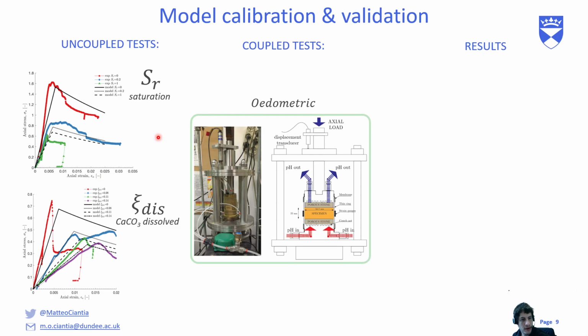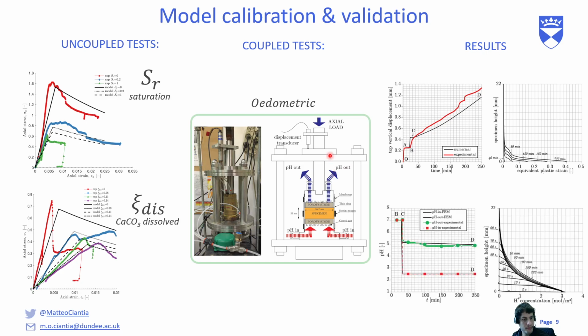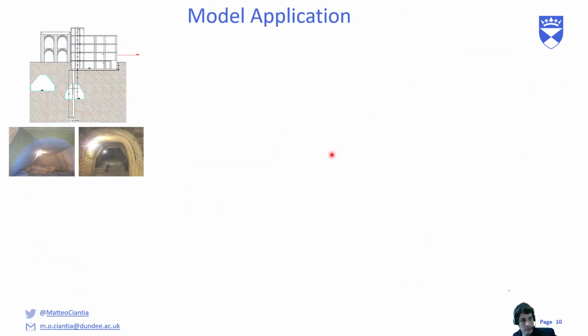Then you can validate the model by performing coupled experiments such as the soft rock oedometer tests, where an acidic flow is applied to the sample through the bottom, and we can then measure the outlet pH and the settlement of the sample because of weathering. More details can be found in the mentioned papers.